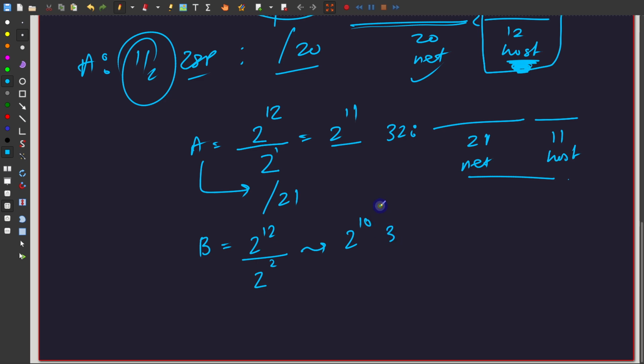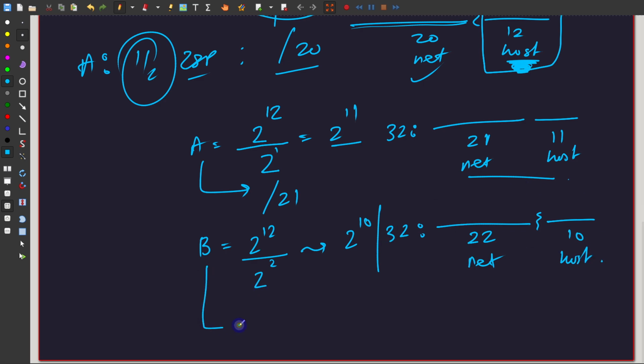If you make a 32-bit division for organization B, 22 bits will be for the network, and 10 bits will be for the host. B will be using a /22 subnet, right? Where is this 21, 22 coming from? The network ID, the number of bits the network is using. That's basically how it works.